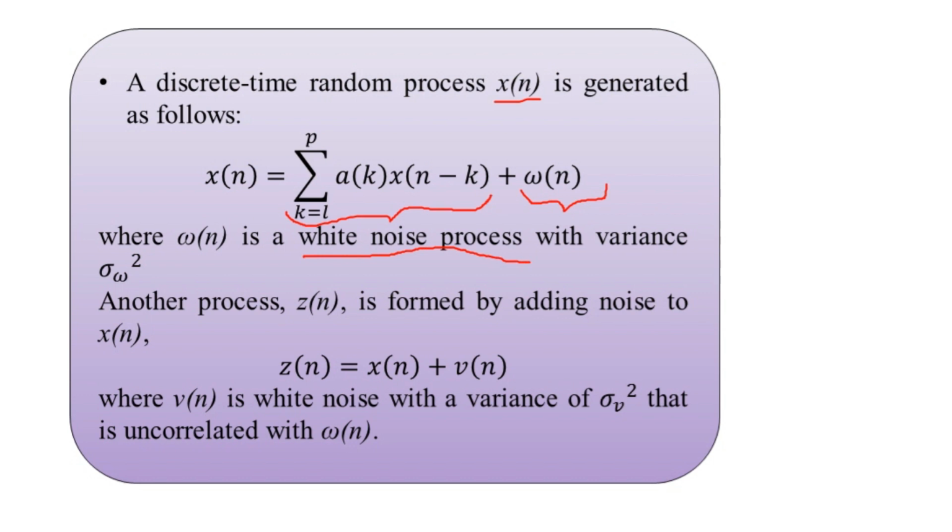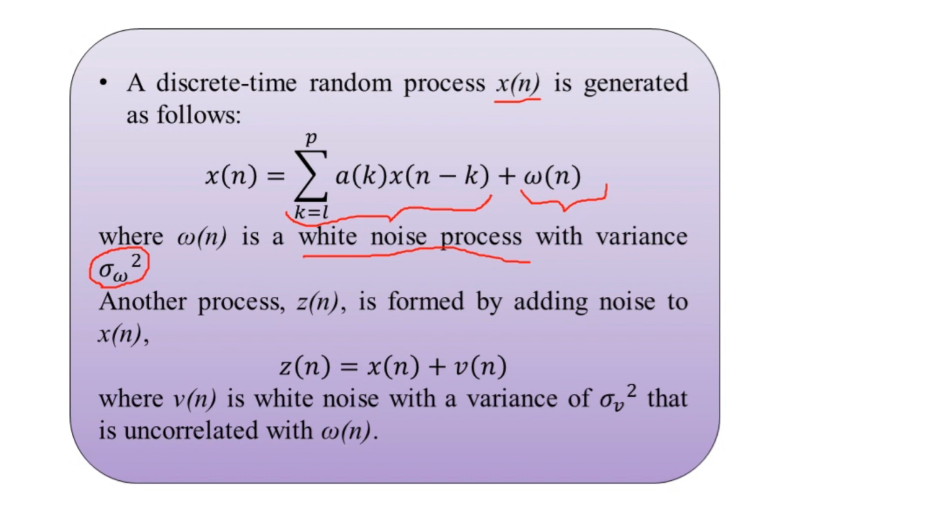In our previous videos from the same chapter, we learnt about white noise in the 15th topic. Here in this white noise process, there is also mention of the variance denoted sigma suffix w square, not omega, it should be a w here.